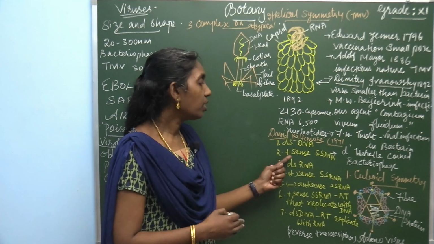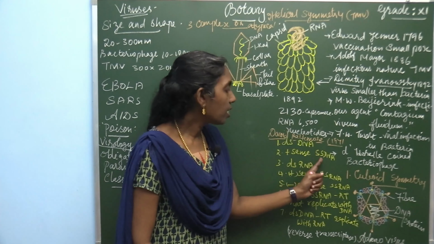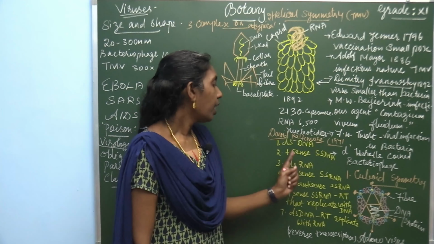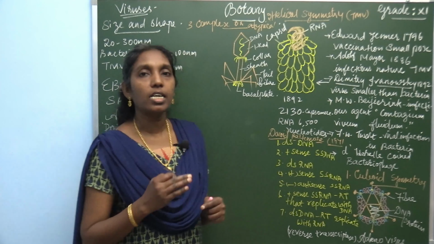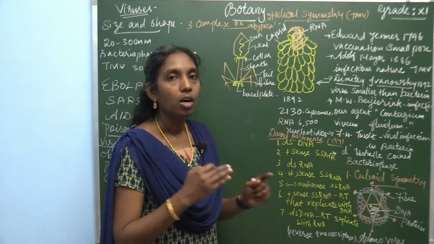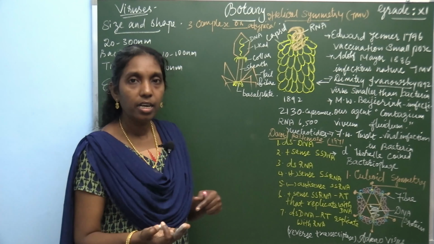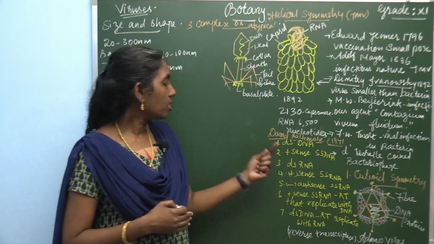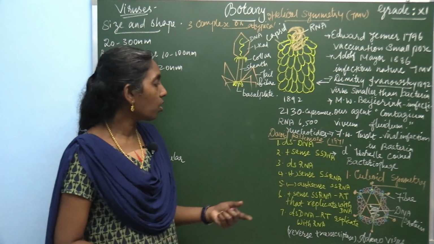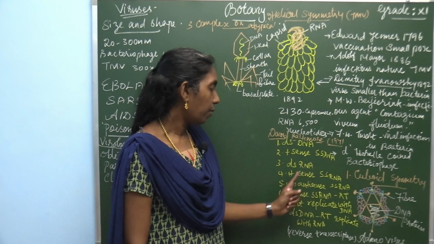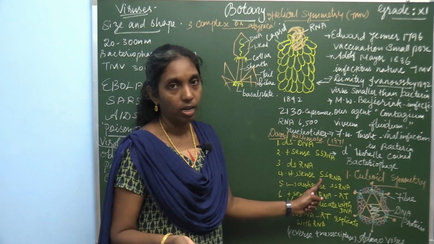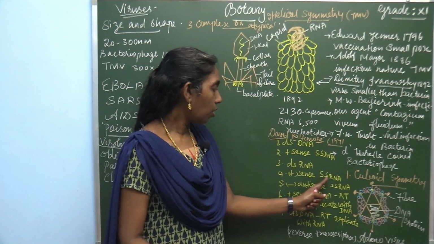Then viruses with plus sense ssDNA. ssDNA is single stranded DNA. The third classification is viruses with dsRNA, double stranded RNA, because a virus possesses either DNA or RNA. Then viruses with plus sense ssRNA, single stranded RNA.